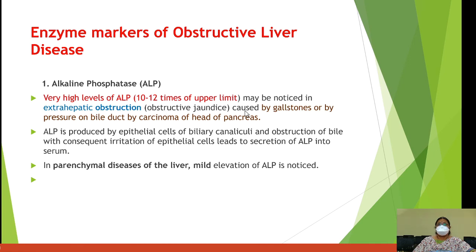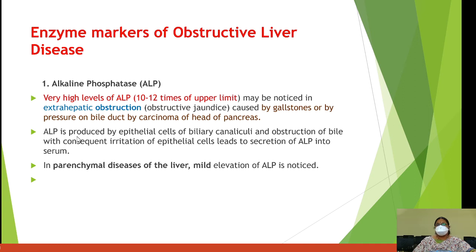Extrahepatic obstruction may be caused by gallstones or by pressure on the bile duct by carcinoma of the head of the pancreas. So in obstructive jaundice, the alkaline phosphatase value will be increased to about 10 to 12 times the upper limit.